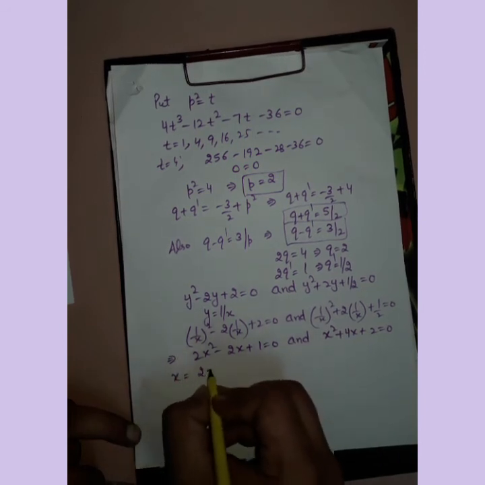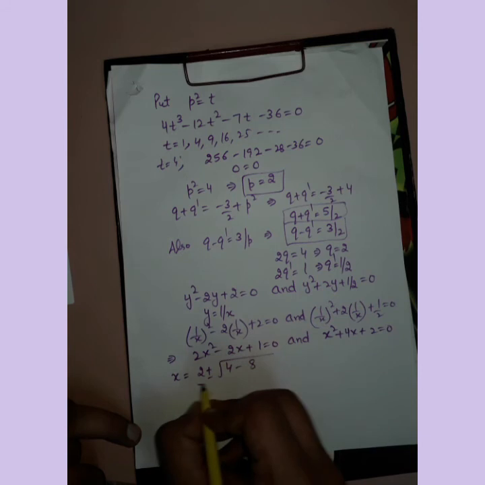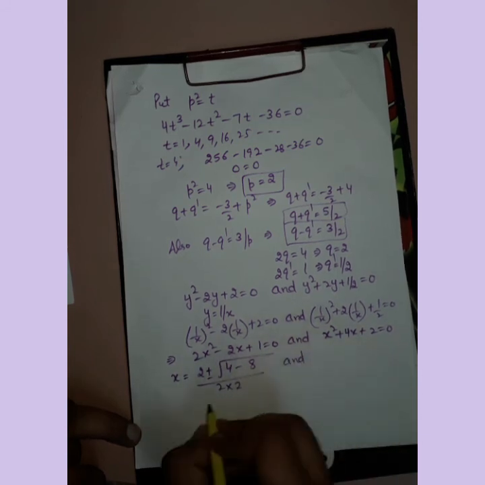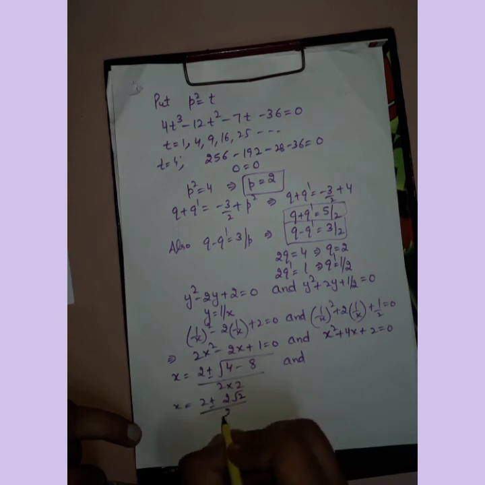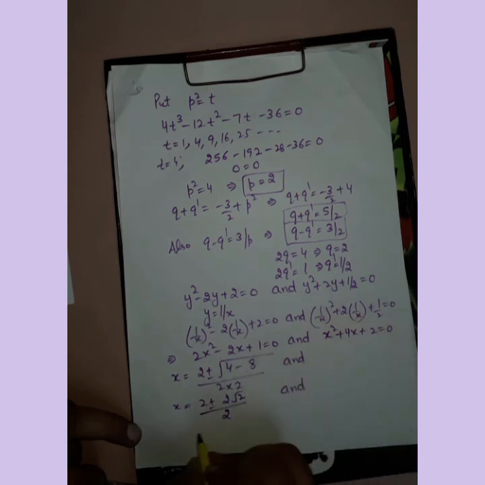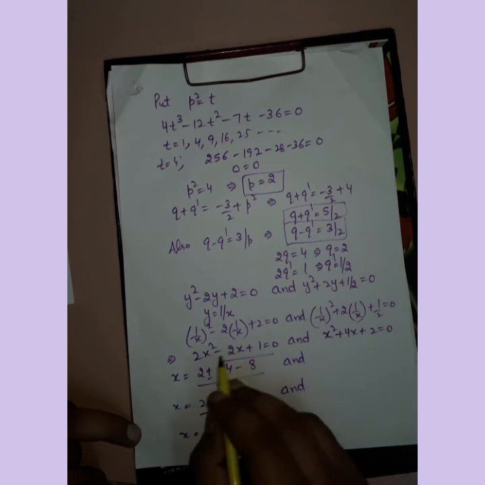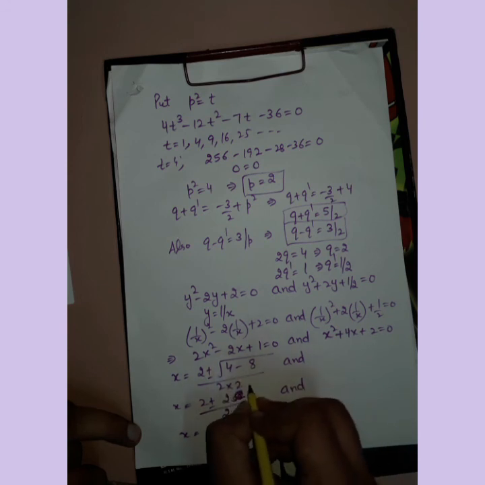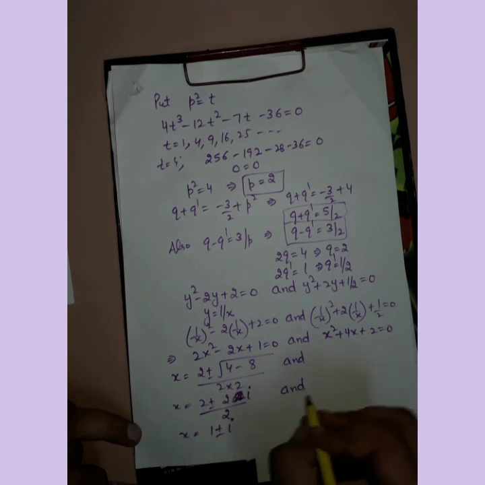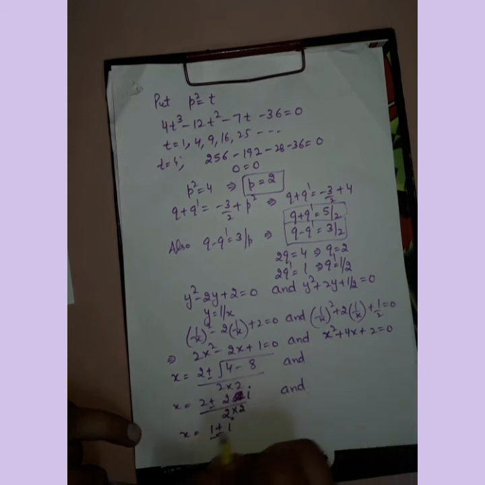Here x is equal to minus b plus minus root of b square minus 4ac upon 2a. For the first equation, x is equal to 2 plus minus root of b square minus 4ac, that is minus 4, that is 2 iota, upon 4, so x is equal to 1 plus minus iota by 2.